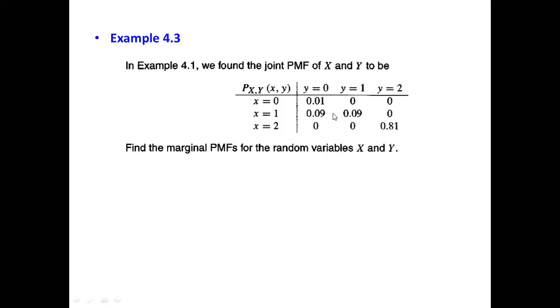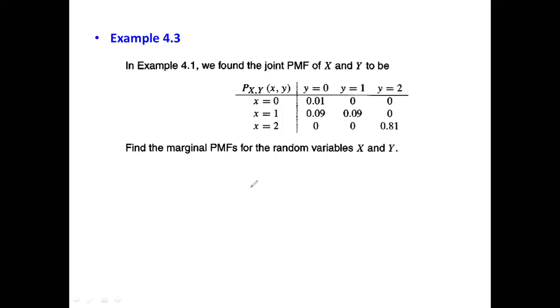Okay, there is one side of X values, another side of Y values, and the cross section points are the probabilities. Okay, now from this joint PMF, it is very easy to find out the marginal PMF. How? Look at this.